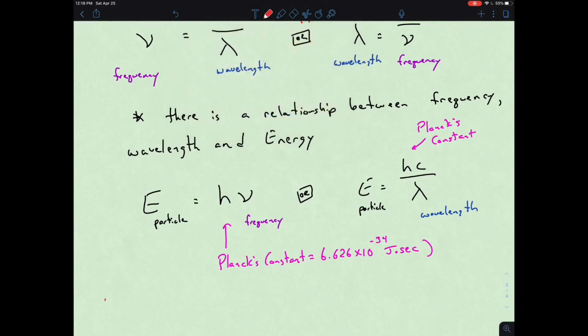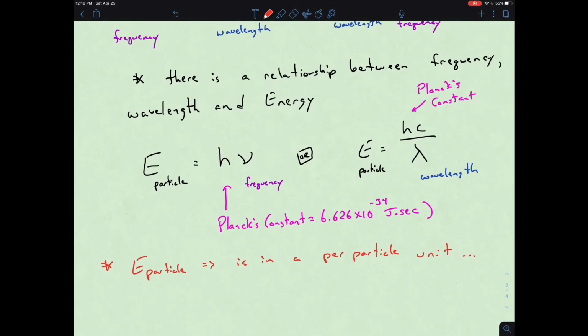One thing to remember is the energy per particle, or in that particle sense, is in a per particle unit. Usually energy would be in joules per mole or kilojoules per mole.